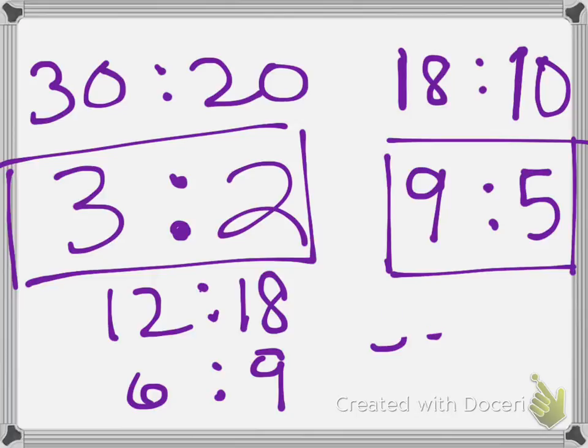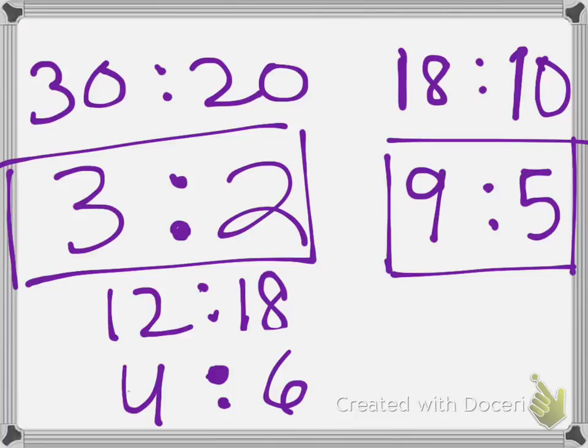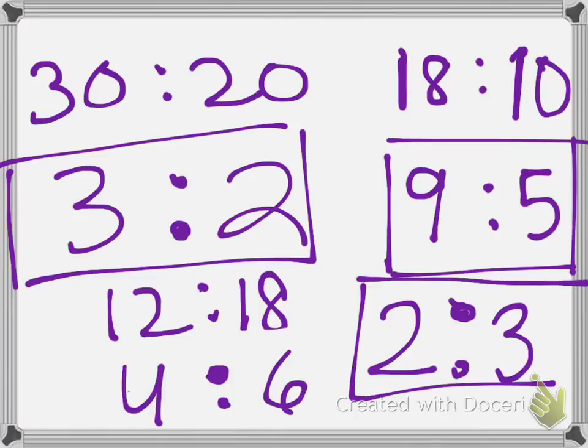Sorry guys, not divided by 2 again. Let's do the fastest way. Divided by 6, 12 is 2 and 18 is 3. We get our answer, 2 is to 3. That's our answer.